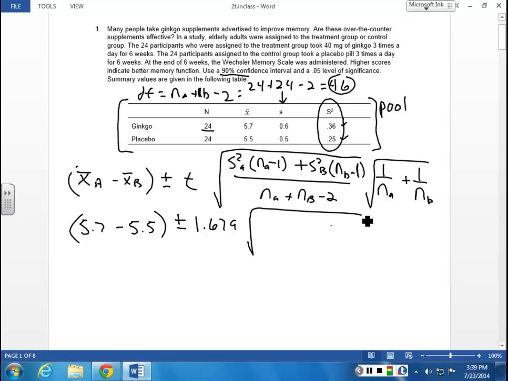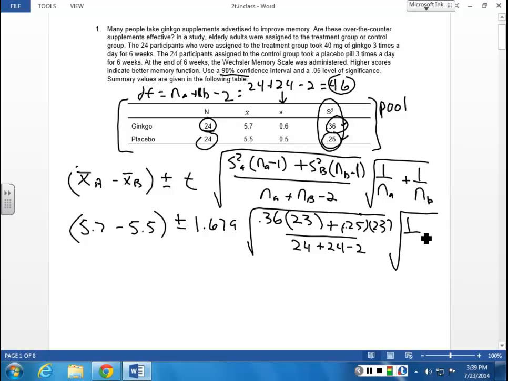The square root of 0.36, that's the variance of the first group, times 23, that's n minus 1, plus 0.25 times 23, again that's just 24 minus 1, divided by 24 plus 24 minus 2, all of that multiplied by 1 over 24 plus 1 over 24.